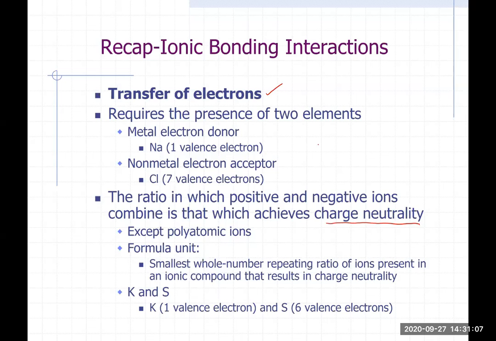So an example of that, sodium is going to give up one electron so that it can get the noble gas configuration of neon. That's going to give sodium a +1 oxidation state. For a nonmetal, we could look at chlorine. Chlorine is going to gain one electron so that it can get the electron configuration of the noble gas closest to it, which is argon.